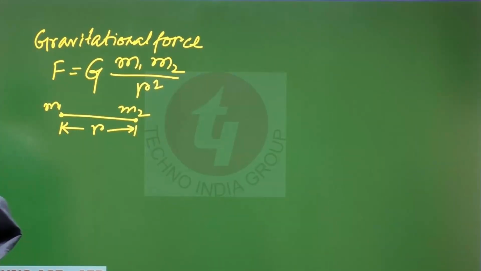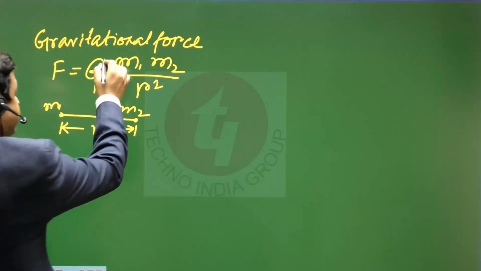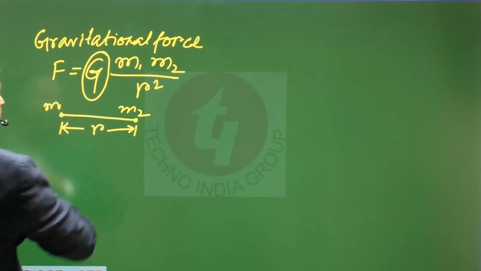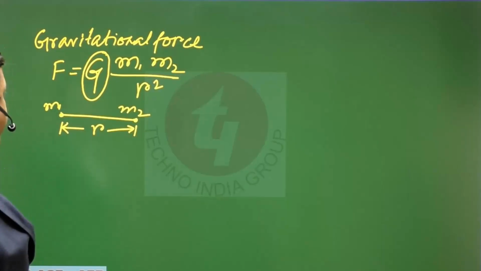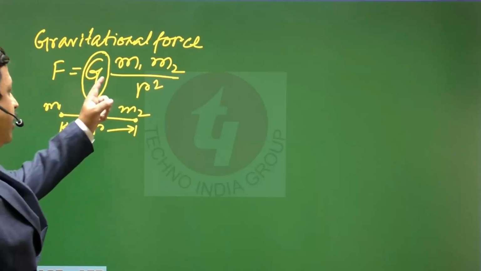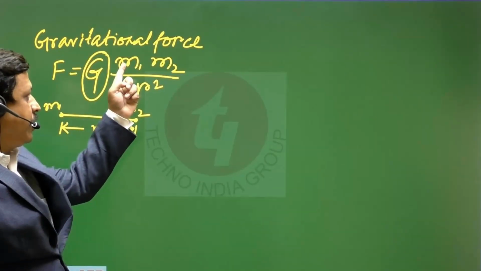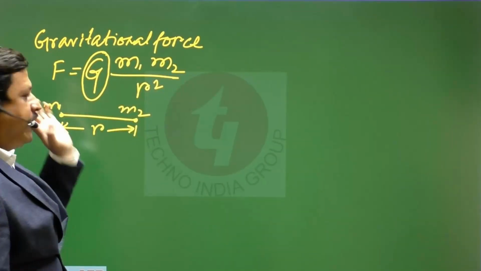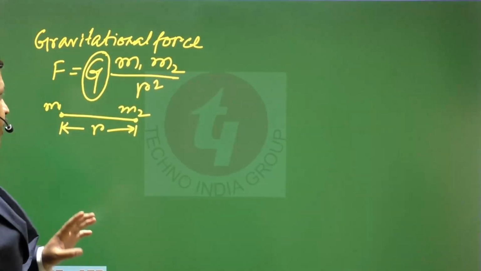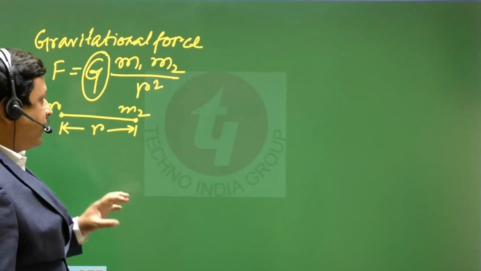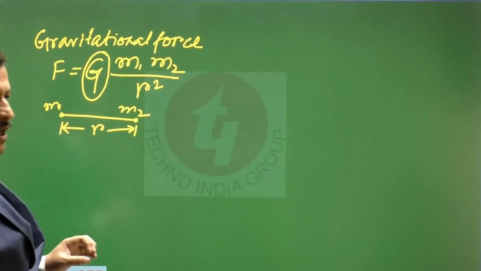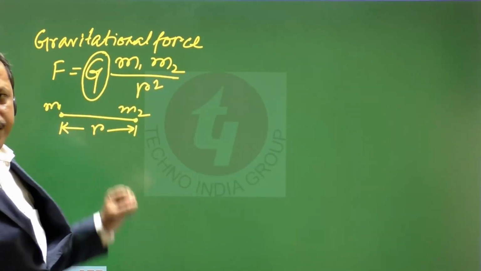Then what is the unit of this quantity, capital G, which is known as the gravitational constant? You already know the units of m1, m2, r and F, but you don't know the unit of G. Then we can find from dimensional analysis what is the unit of G.